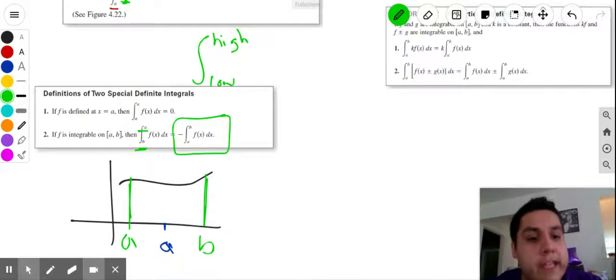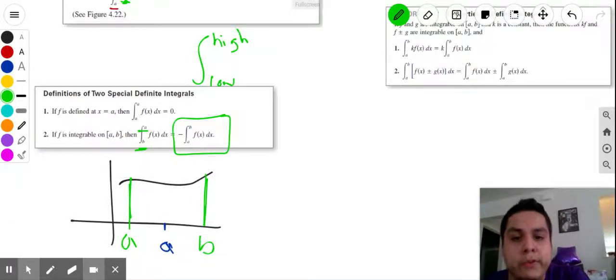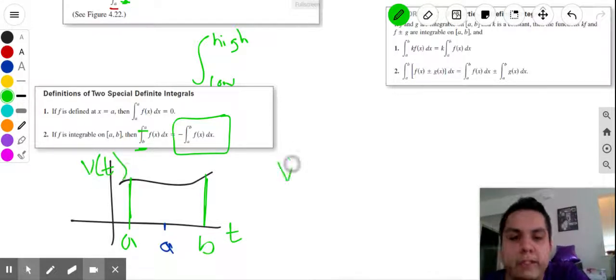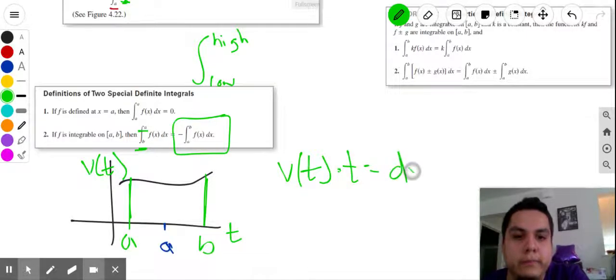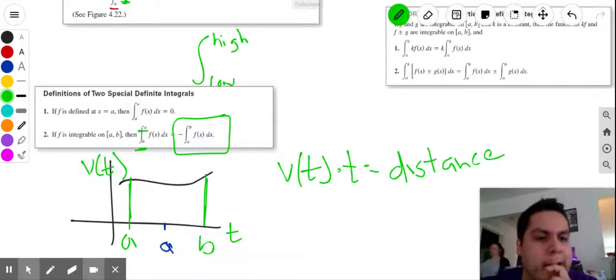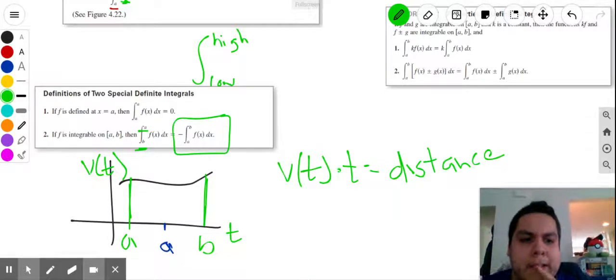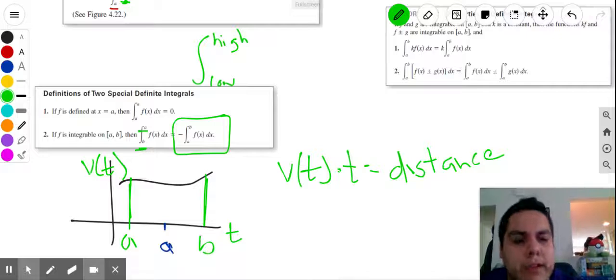When you find the integral, you're multiplying time by velocity, and velocity multiplied by time gets you distance. Actually, it doesn't just get you distance. It gets you something else.